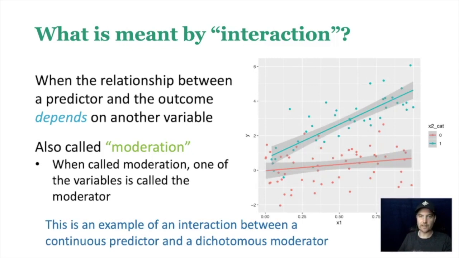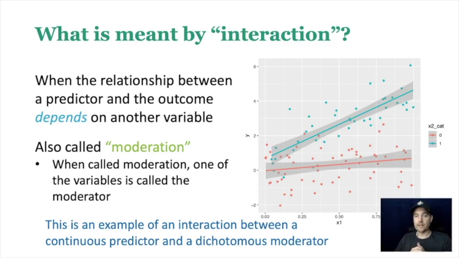So what does this look like? Well, for example, we have two variables, x1 and x2 category. The x1 variable is continuous, the x2 is just 0 or 1. And then we have our outcome y. Right here, this is an interaction between a continuous predictor, the x1, and a dichotomous moderator.